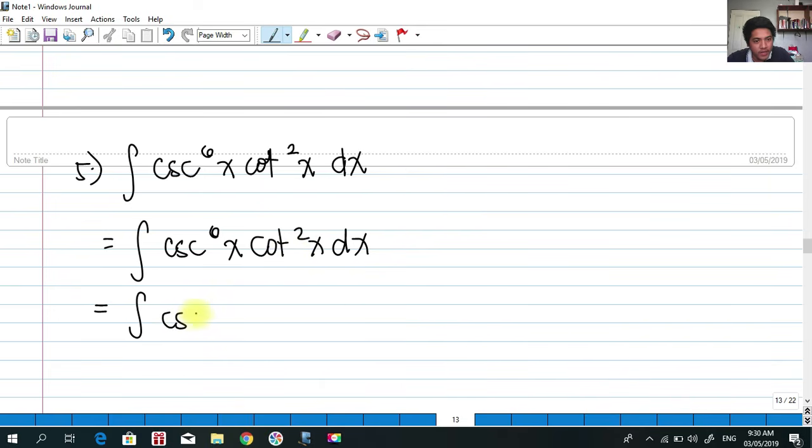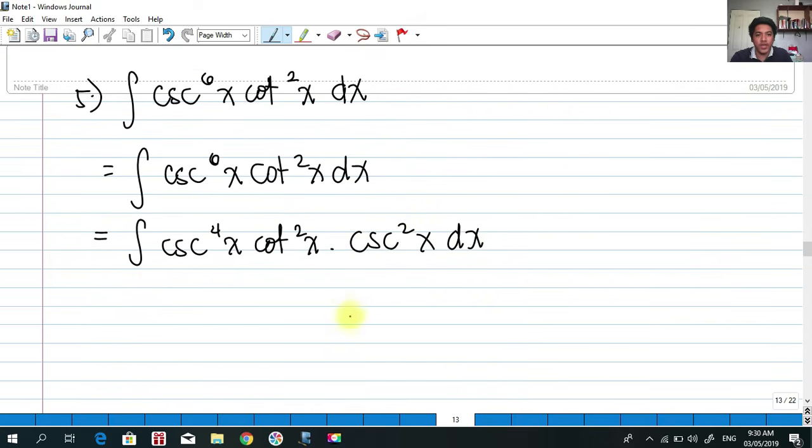So cosecant raised to 4x cotangent squared x, then that is multiplied by cosecant squared x dx. The reason for stripping off cosecant squared x is that we can use it as a derivative of cotangent x. Okay? So the problem is we have to express this cosecant raised to 4x in terms of cotangent.